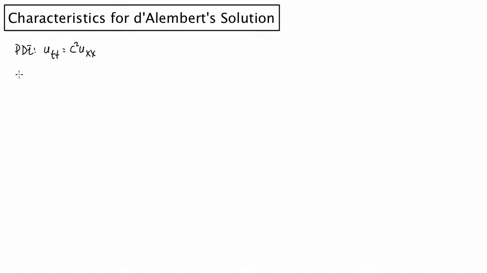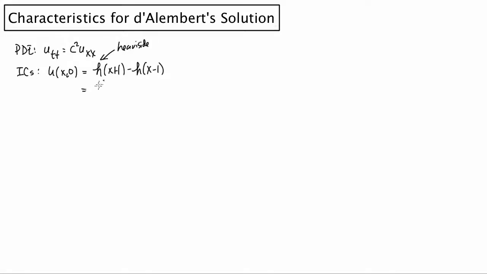Except this time I want to specify my initial conditions a little bit more closely. I want to let the initial position of the wave be a function that hopefully you're familiar with. It's the box function that we talked about in ODE, where this h is the Heaviside function.